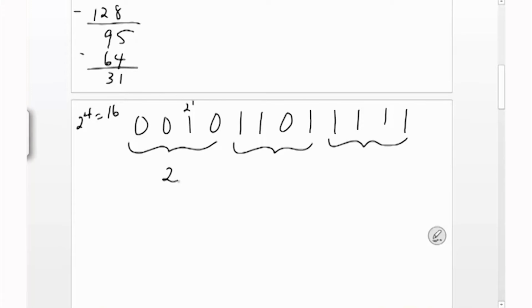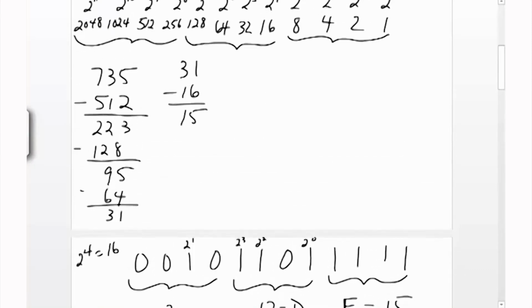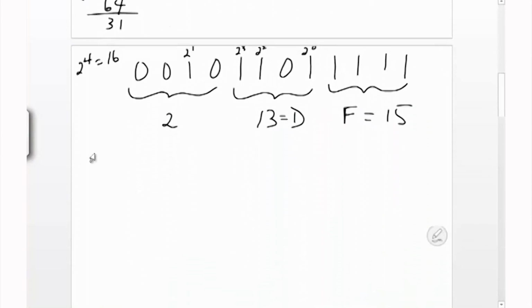For this value, 2 cubed, 2 squared, and 2 to the 0 gives us 13, and that equals D. And here, all of these are turned on, so that's going to give us the value of 15, which we know is F. So our hexadecimal value for 735 is 2DF.